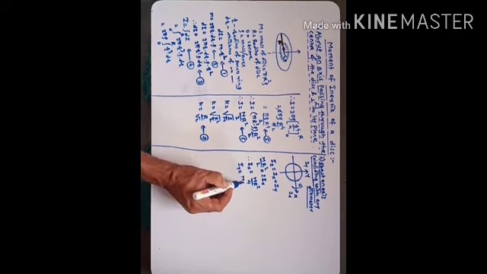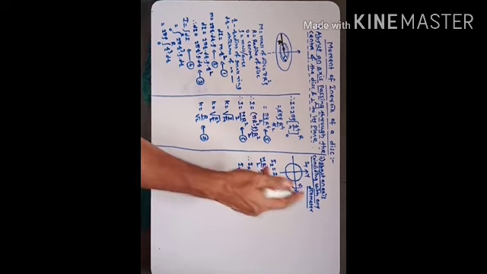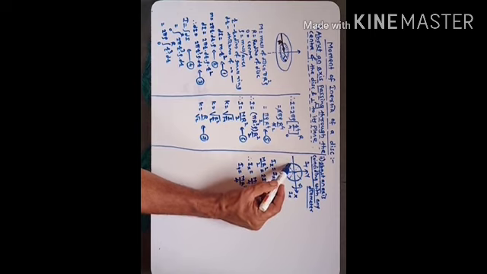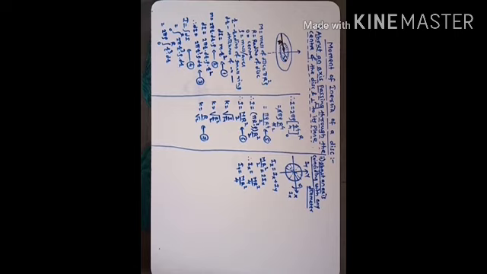Iy is also mr square upon 4, or about any diameter. Suppose you consider this diameter, any diameter, a number of diameters can be drawn. Then about all diameters, this moment of inertia is the same, mr square upon 4.